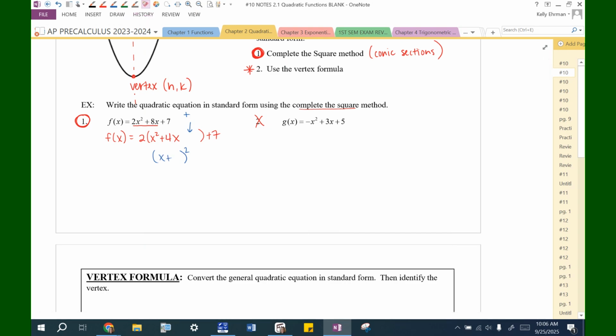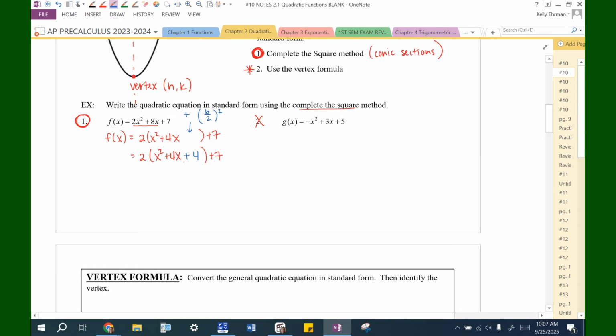What is that special thing that you have to add? It is (b over 2) squared. But again, it's only b over 2 after you factored the a out in front. So ours is 2 times (x squared plus 4x). So (4 divided by 2) squared is plus 4.